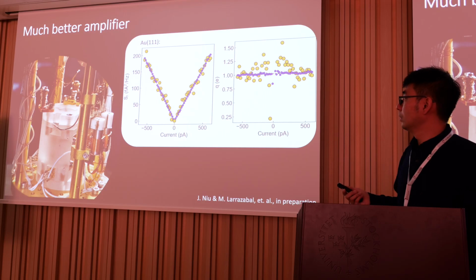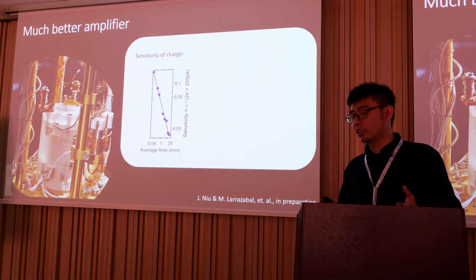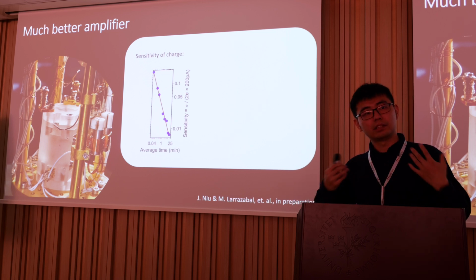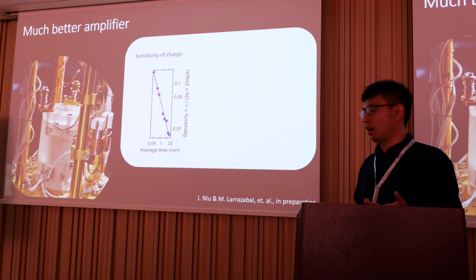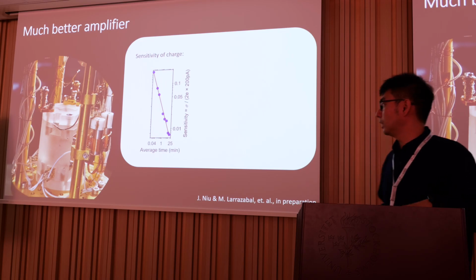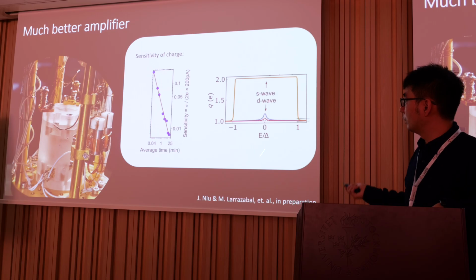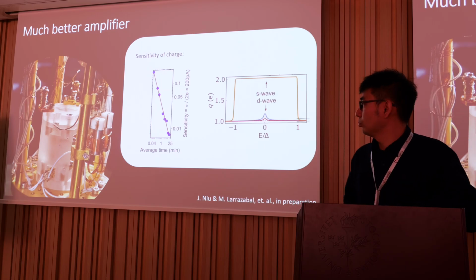And we can also estimate the sensitivity of the effective charge versus average time. In the experiments, we find that at a reasonable average time, more than 5 minutes, we can already have an effective charge sensitivity below 0.01e. It means if you compare it with simulation, such a good resolution is already enough.